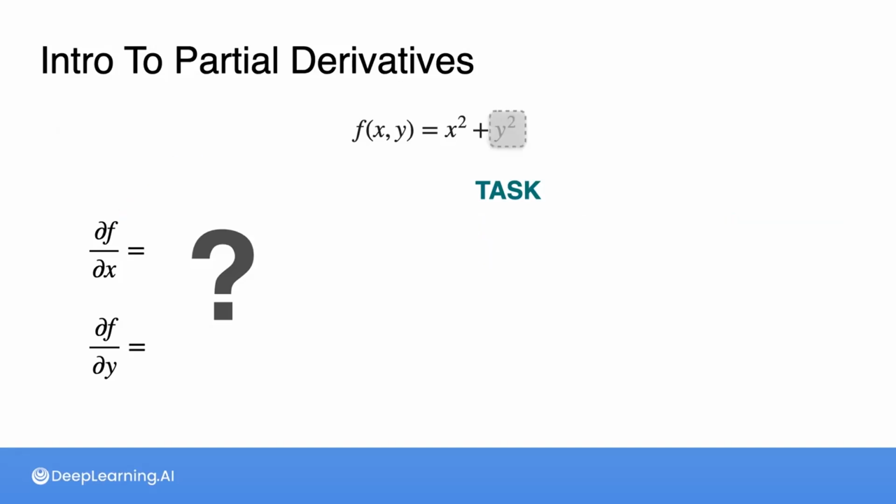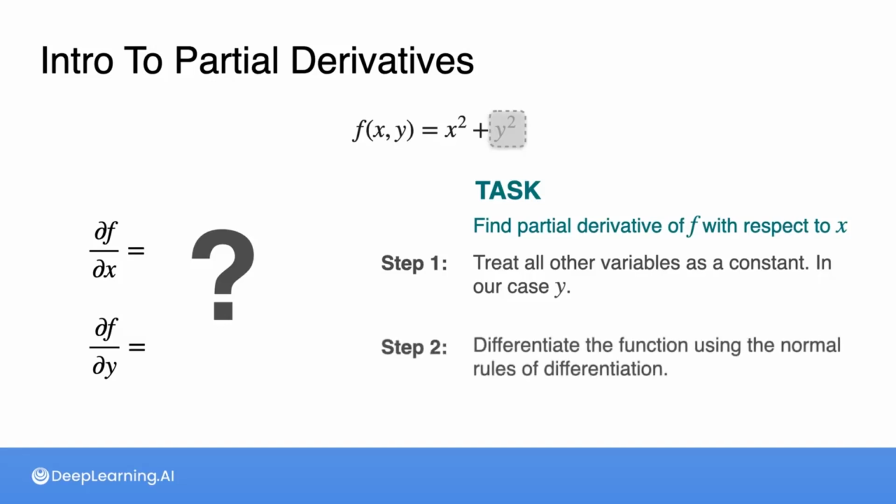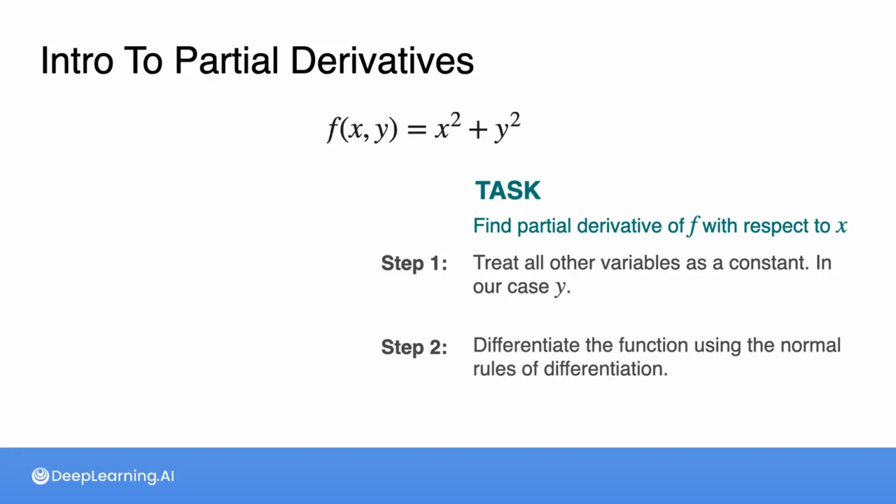So when you want to find the partial derivative of f with respect to x, there are two steps. The first step is to treat all the other variables as constants. So in this case, y is the other variable, so we're going to treat y as a constant. And step 2 says, differentiate the function using the normal rules of differentiation.